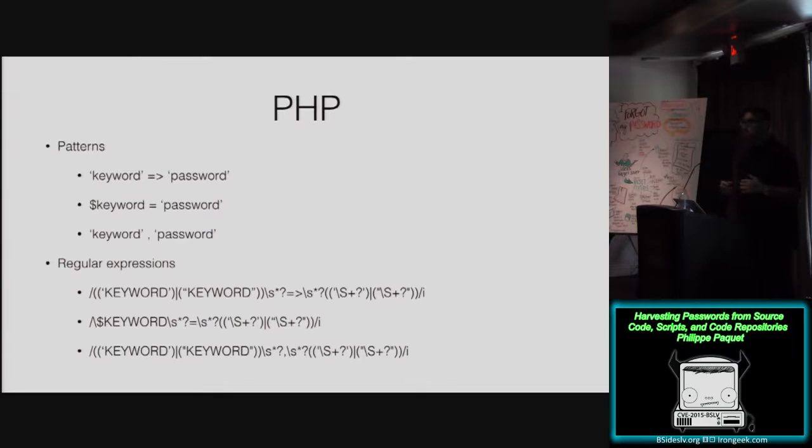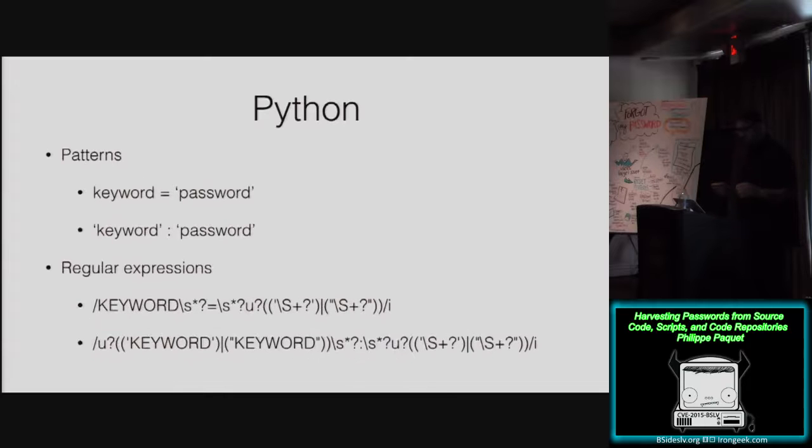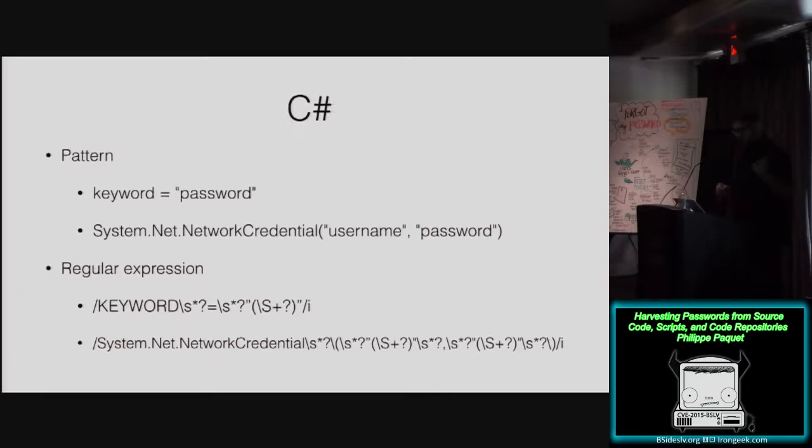So you have to consider all the possibility when you're developing your regular expressions. Python, same as PHP, just consider that you can have Unicode strings. So because of the Unicode strings, you need to consider that little U there. And for C#, I'm going to give you an example where we have a function that is usually containing credential.